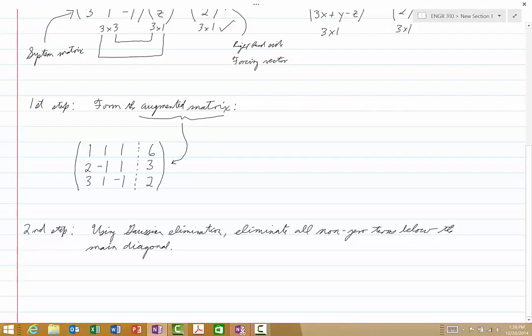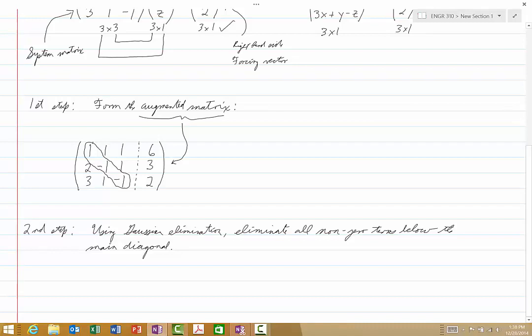Now, first of all, what is the main diagonal? Well, if you start in the upper left-hand corner of your matrix and then just go down diagonally, you get the main diagonal. So in this case, for this matrix, our main diagonal is this 1, -1, -1.